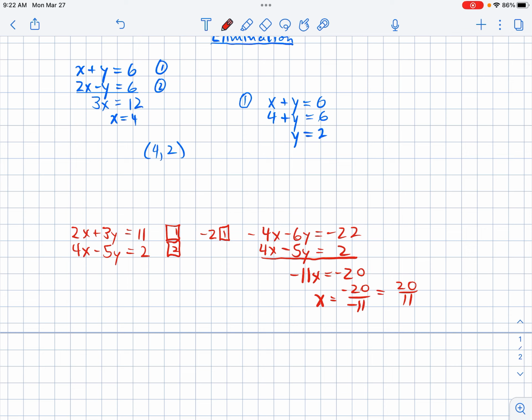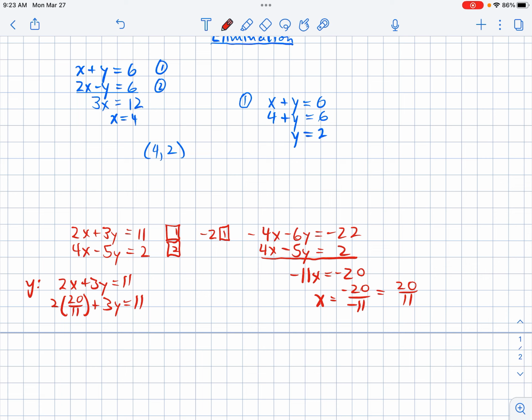So if I want to figure out what y is, I can go to this 2x plus 3y equals 11 and just do this. I can say, okay, 2 times 20 11ths plus 3y equals 11. I can just put that 20 11ths in there.